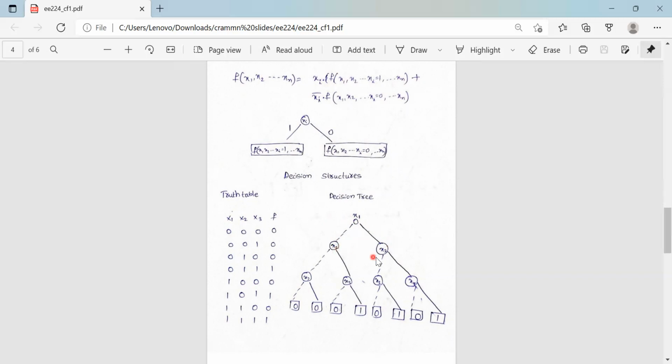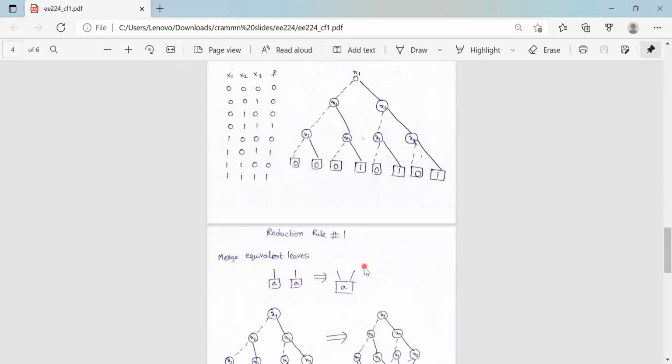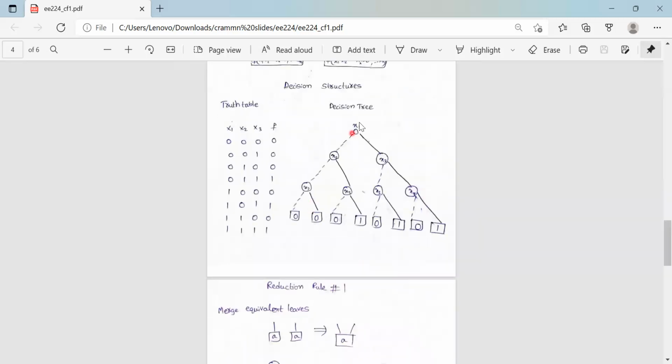The same with the second variable x2: we take 0 and 1, and 0 and 1. At last, for all 0, this is 0. For 0, 0 and 1, this is the expression 0. Similarly here 0, 1 and 1, this is 1.